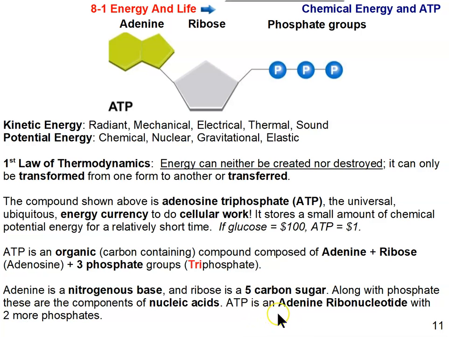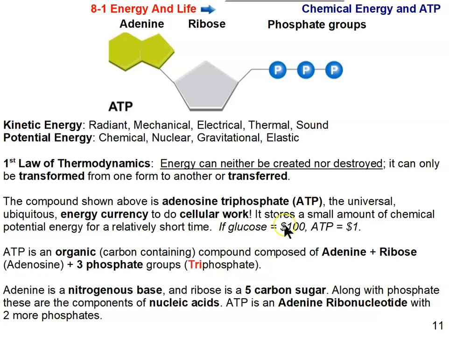Basically, ATP is an adenine ribonucleotide. Remember, the nucleotides found in DNA are known as deoxyribonucleotides, and the ones found in RNA are known as ribonucleotides. So again, basically ATP is an adenine ribonucleotide with simply 2 more phosphates. But that's where it gets its potential energy.